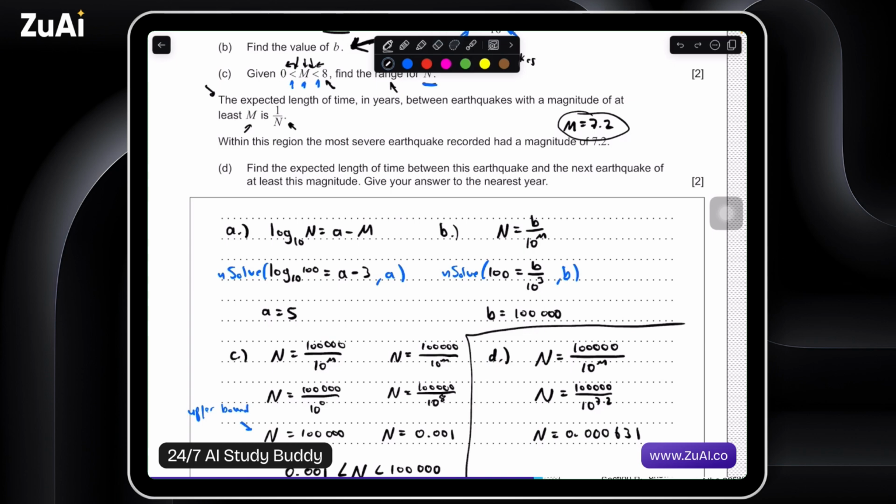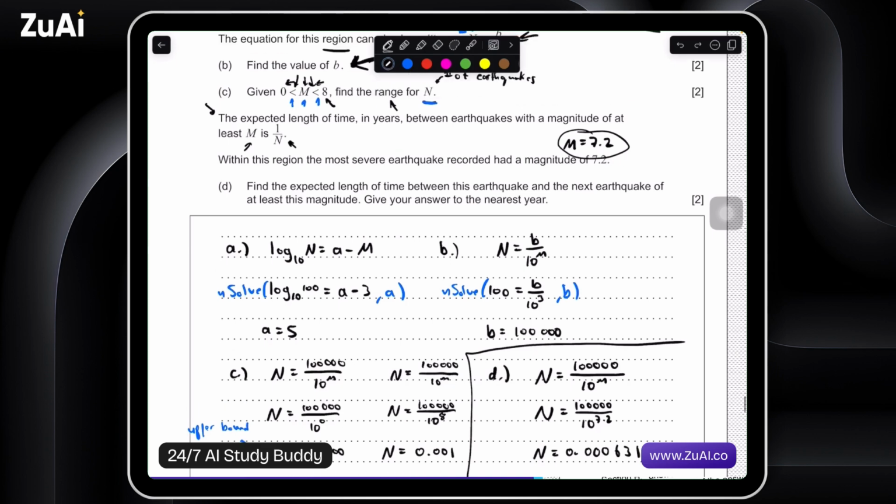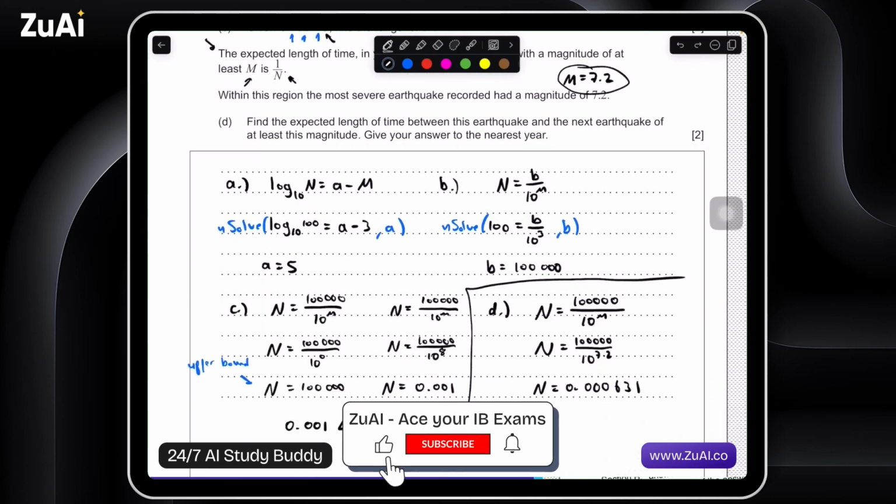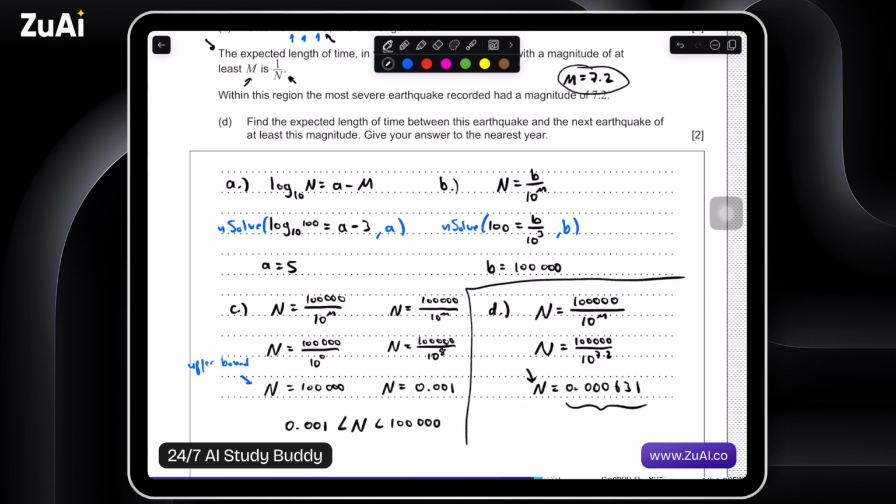So how many of these massive earthquakes would we expect to have a year? The number we would expect is a very small fraction. It occurs very infrequently. We wouldn't even expect to have one of these earthquakes every year.